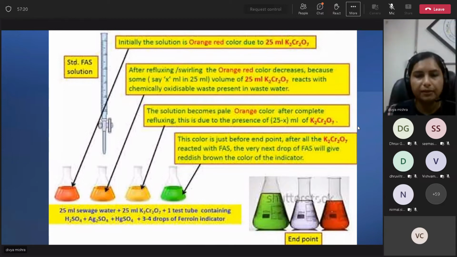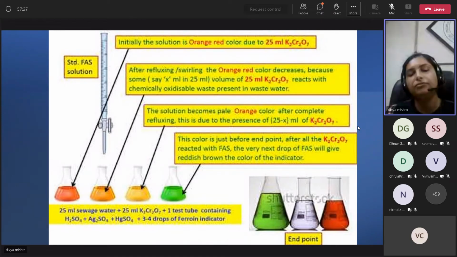So in this, we are taking sewage water, then we will add our potassium dichromate, strong acid, silver sulfate, and mercurous sulfate, and then we will reflux it, allow it to cool, then add 3-4 drops of ferroin indicator.